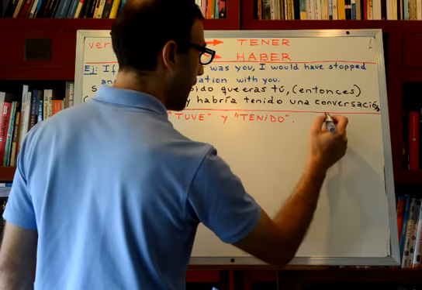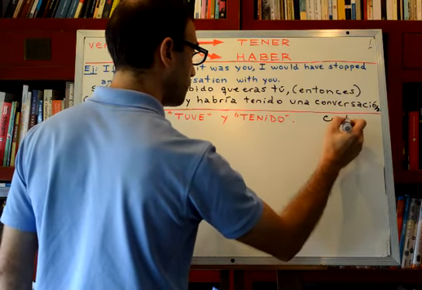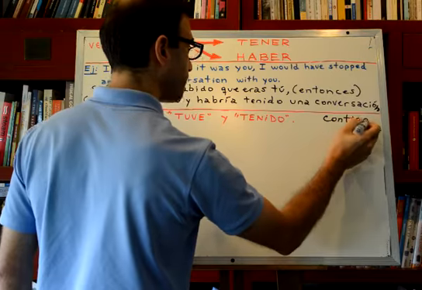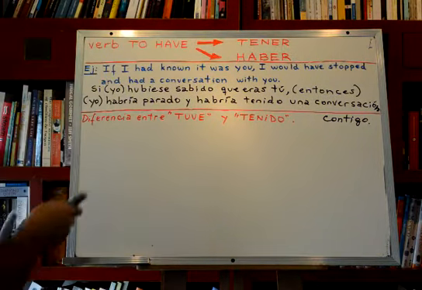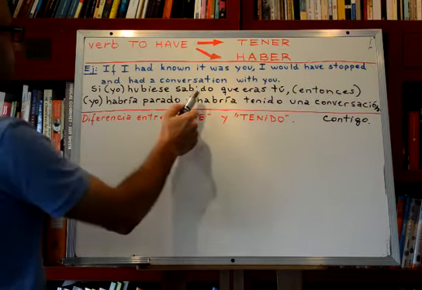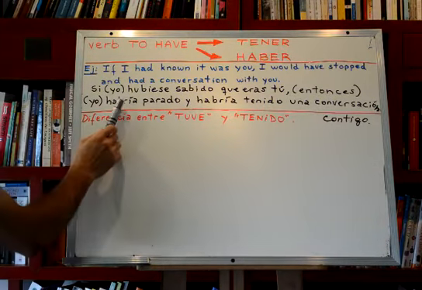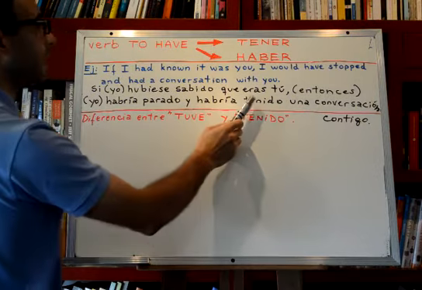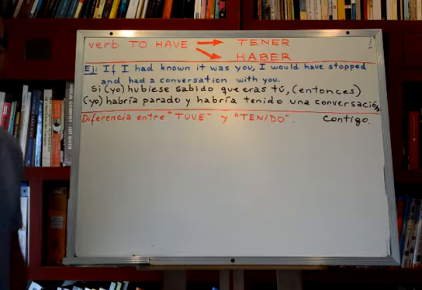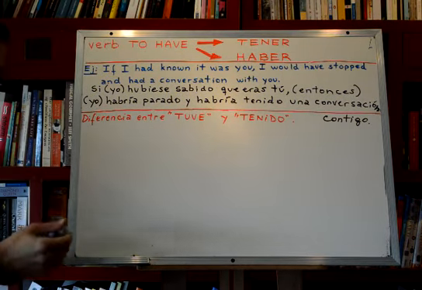Conversación. This is an N. Contigo, with you. Okay? Good. Si yo hubiese sabido que eras tú, entonces yo habría parado y habría tenido una conversación contigo. Okay?